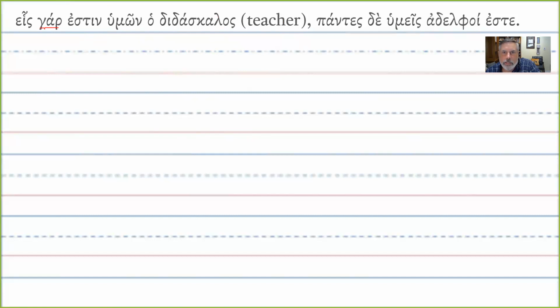Post-positive means it will never be first in the sentence in Greek, but when we translate it in English, it will be, generally speaking. So it is "for". One is, not "into". It's not hen, it's heis with the rough breathing. Estin is our third person singular "is".